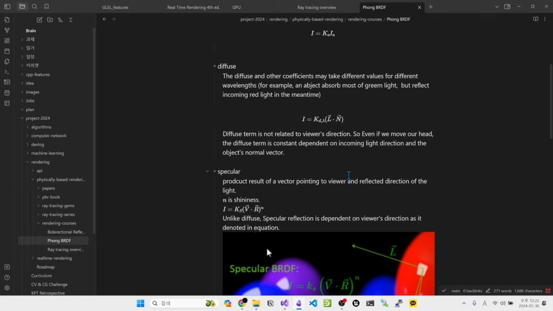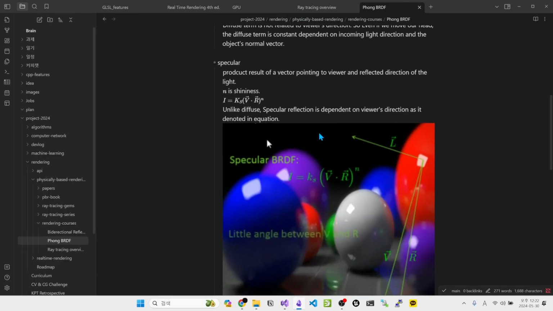As you can see in the equation, the diffuse term is not related to the viewer's direction because it only depends on the incoming light direction and the normal vector of the object. So even though we move our head around the scene, this intensity is constant against our viewing direction.